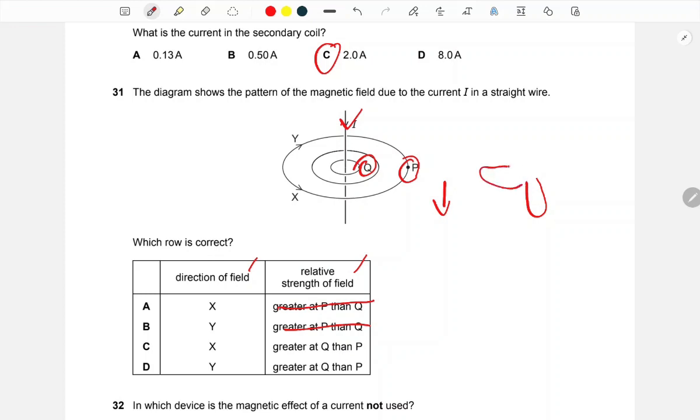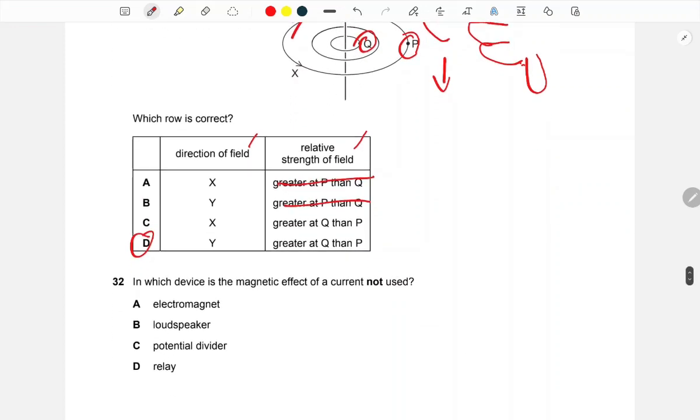So our fingers are wrapping around in this direction. That means our answer is going to be Y. We can use our right hand and point our thumb downward, so our grip would be forming in an anti-clockwise direction. So that means it's going to be Y. So the answer is going to be D.